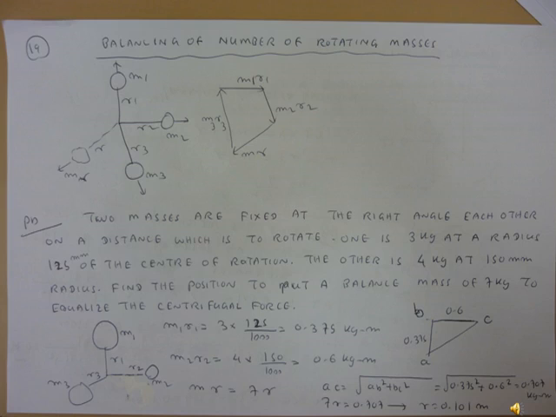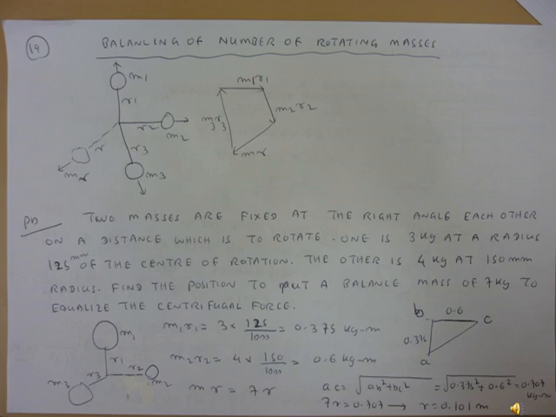So we have M1 R1, M2 R2, M3 R3, and MR R. Those can be drawn as a polygon, and it is a closed polygon. As you see in the diagram, M1 R1, M2 R2, M3 R3, and MR R form a closed polygon. This is for a balanced design, so we can draw the polygon diagram.